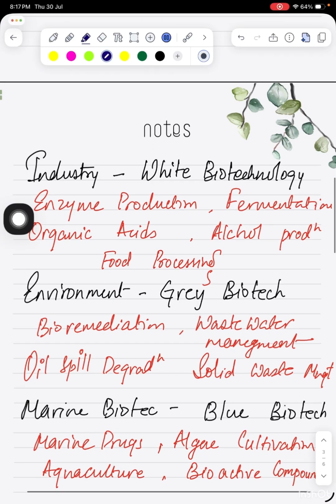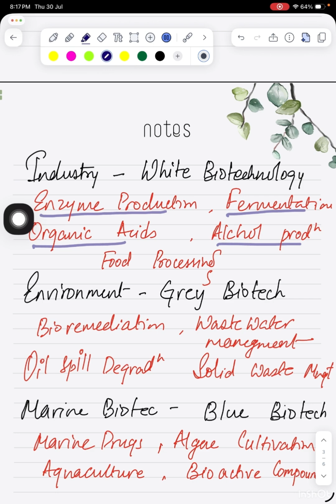In industry, it is also called white biotechnology. Generally in competitive exams, this is also asked. For industrial purposes, different living organisms are used for producing different products like enzyme production, fermentation, a very common method, organic acids, alcohol production. You might have heard that there is a wine industry, and in that wine industry generally microorganisms are used.